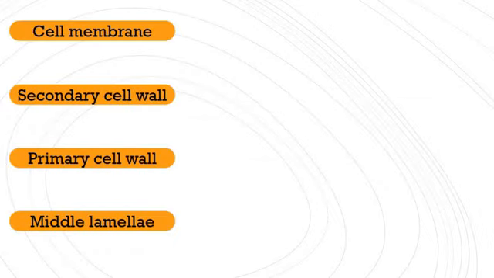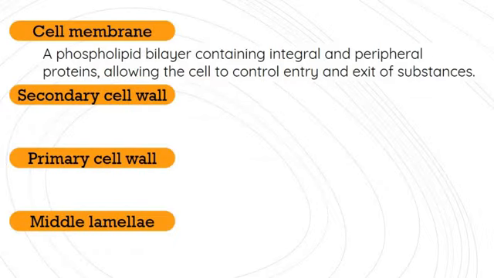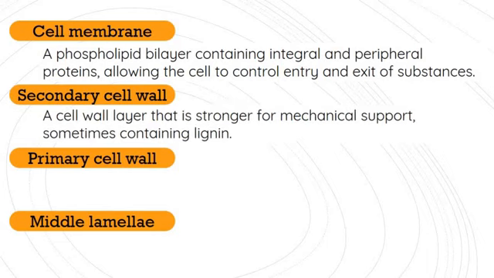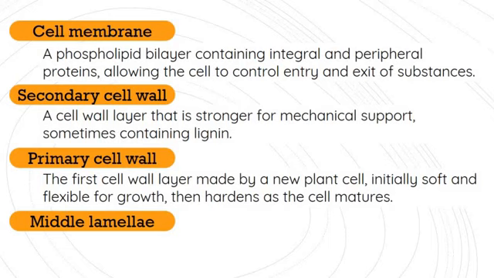So starting off with the cell membrane, it's a phospholipid bilayer containing integral and peripheral proteins, and these allow the cell to control the entry and exit of substances. The secondary cell wall is a layer that's stronger and it's for mechanical support, sometimes containing lignin that you might have heard before in xylem. The primary cell wall is the first cell wall layer that's made by a new plant cell, and it starts off soft and bendy.